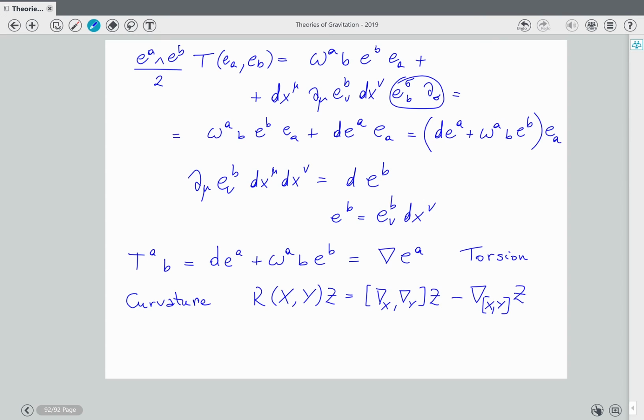And we want to switch from the vectors to the differential forms somehow. Okay, let's start little by little. We will get there. R EA EB EC will be del EA del EB EC minus del EB del EA EC minus del of the commutator EA EB EC.